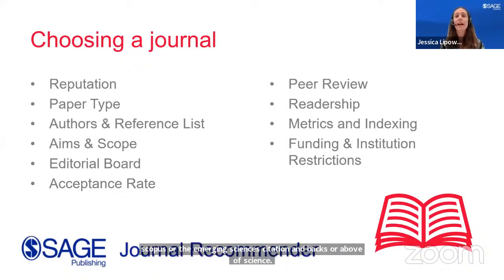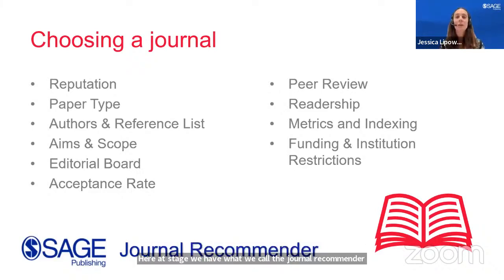Here at SAGE, we have what we call the Journal Recommender, a tool where you can plug in your title and abstract to help provide potential journals that might be a good fit for you. I know other publishers have services like this. So rely on your colleagues, your co-authors, your mentors, as well as the publisher resources available to help determine the best journal for your fit.